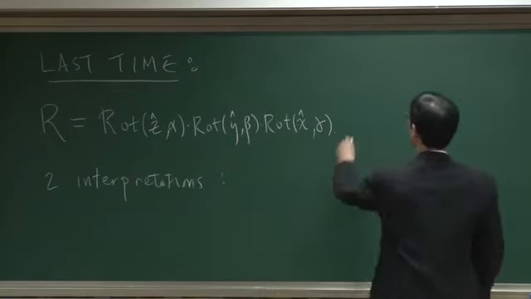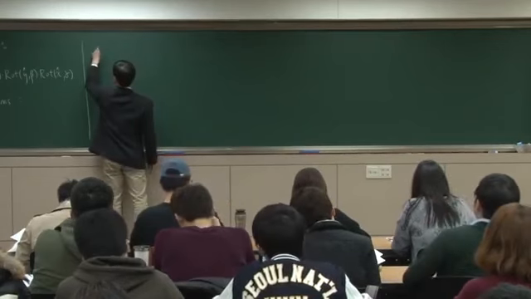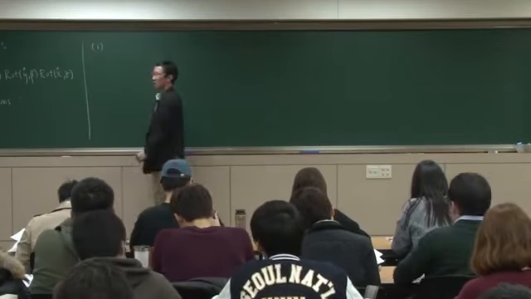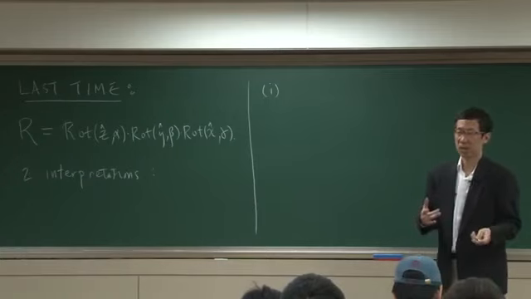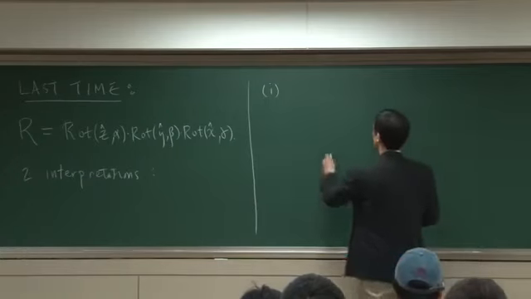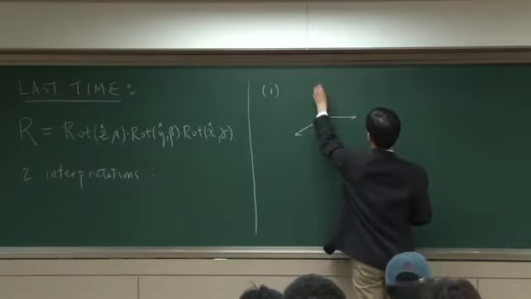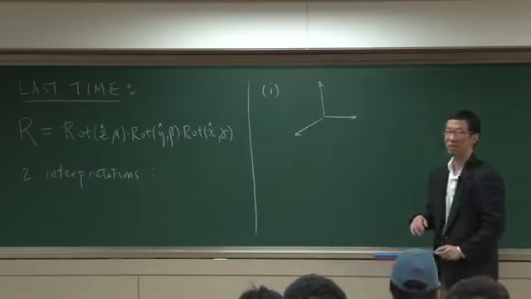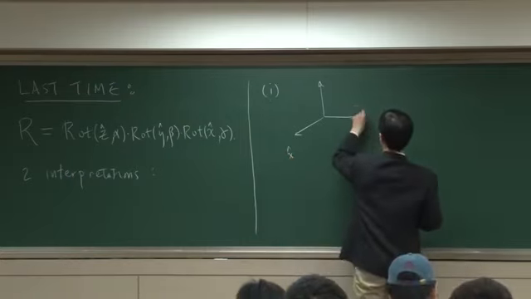Okay, so the first interpretation is the Euler angle interpretation. What we're doing here is we start off with a moving frame. Here are the x, y, and z axes.